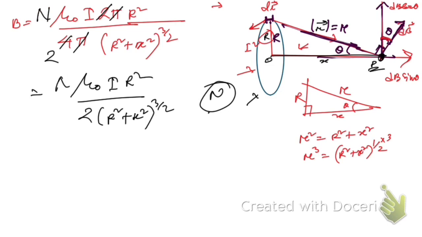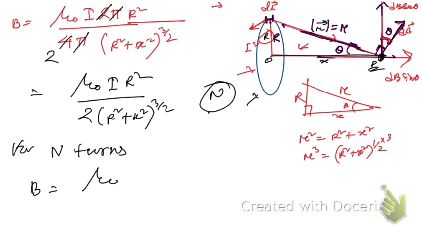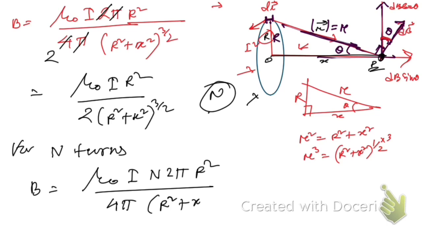If there is a single turn, then this will be the expression; for N turns, this expression will be of this form, mu naught I N 2 pi capital R square by 4 pi times R square plus x square whole to the power 3 by 2. And if you cancel this 2 pi and 4 pi, then here you're gonna get 2. You can write this expression in this form as well. Hope you have understood this.